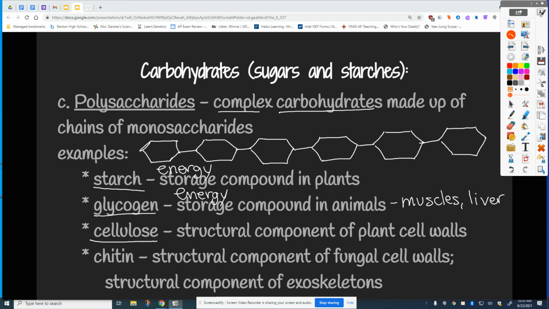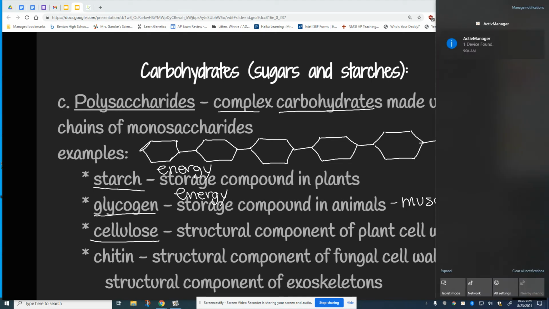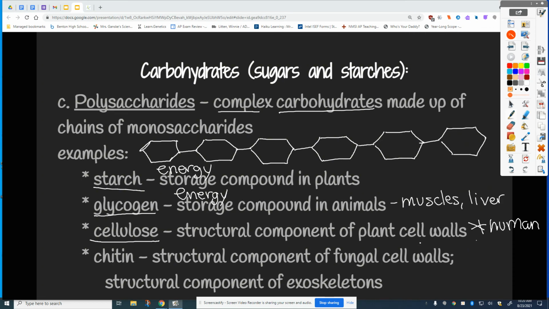Then we have cellulose, not cellulite. You hear somebody talking about cellulite, they're talking about something different. Cellulose is a structural component in plant cell walls. Humans can't digest it.